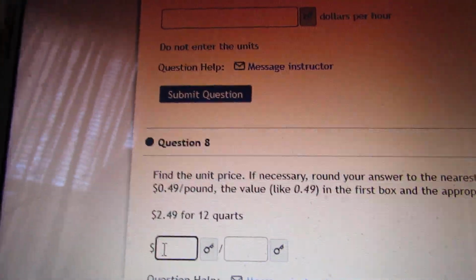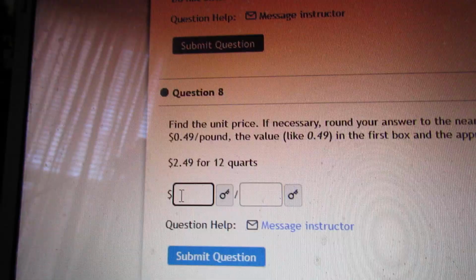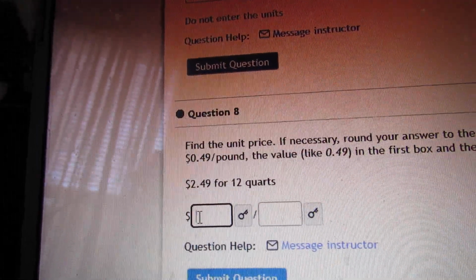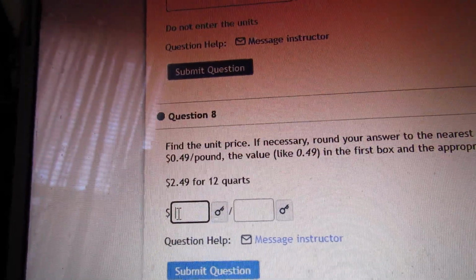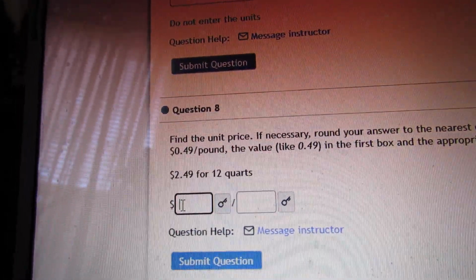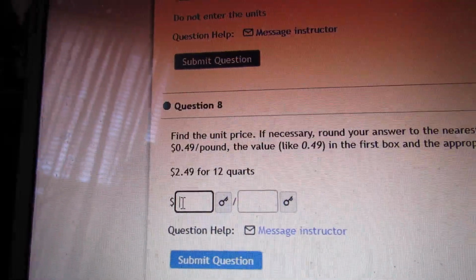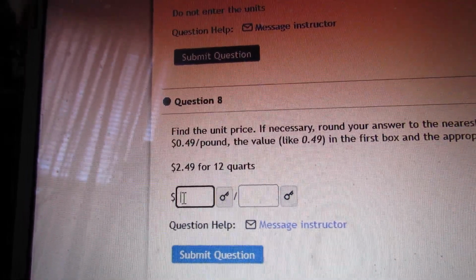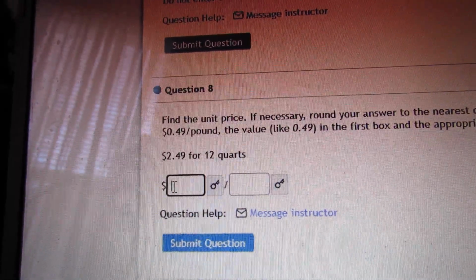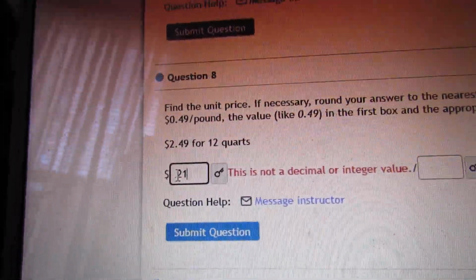It'll go into 24 two times with nothing remaining. It won't go into 9, so you're going to add a 0. So 90, it's going to go 7 times. So when we round that, it's going to be 0.21.